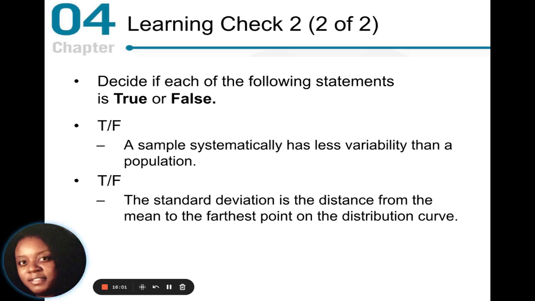Our second learning check is true-false. A sample systematically has less variability than a population. Is that true or false? And the standard deviation is the distance from the mean to the farthest point on the distribution curve. Take a few moments and think whether either of these answers are true or false.